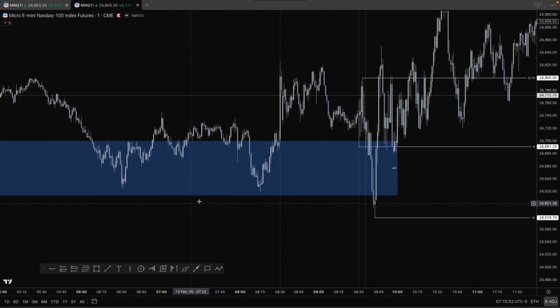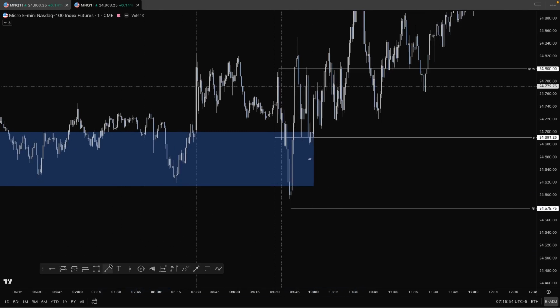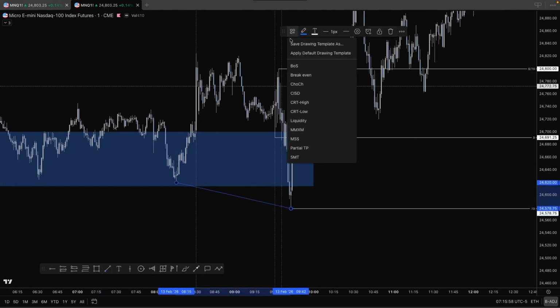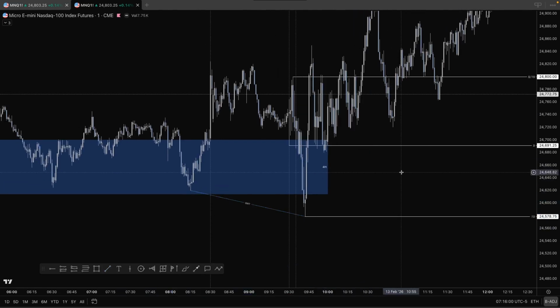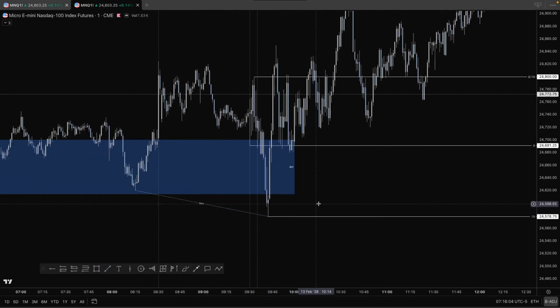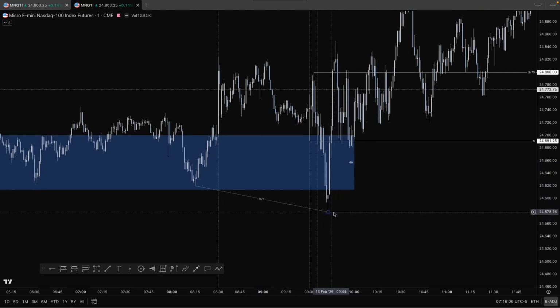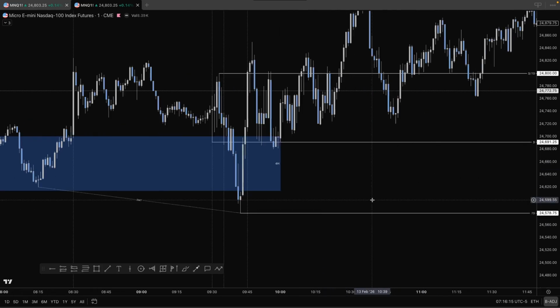Yeah, we had these lows swept. We had SMT right here, which is usually an indicator we could use the range low as a point of reversal and never really get back. So let's mark this out too.